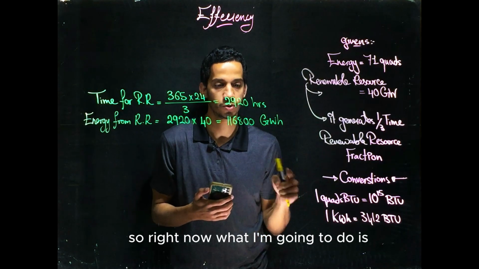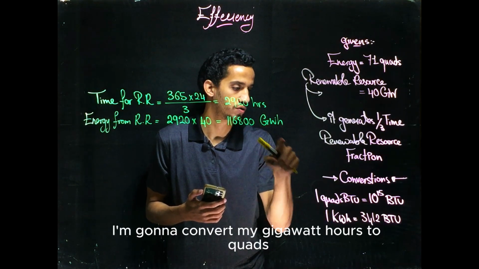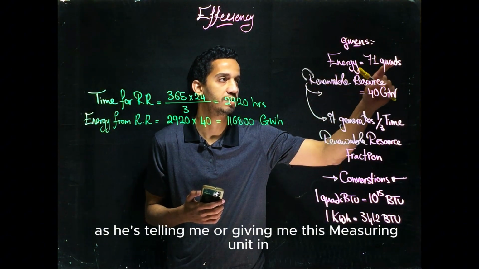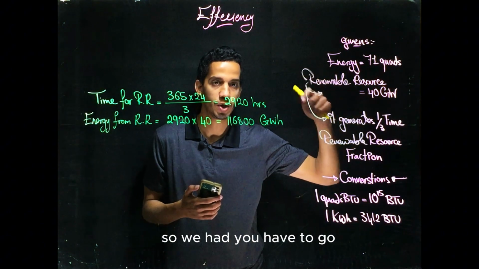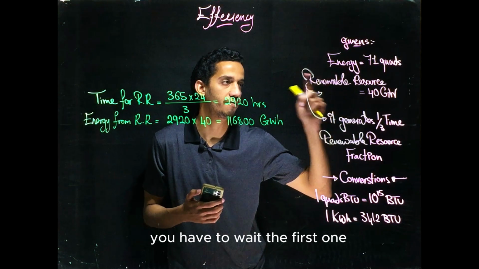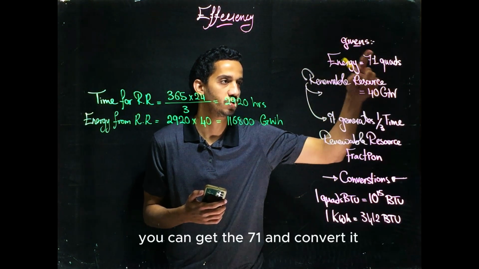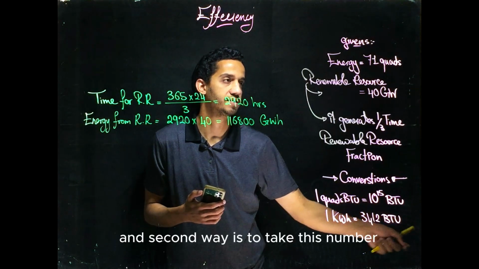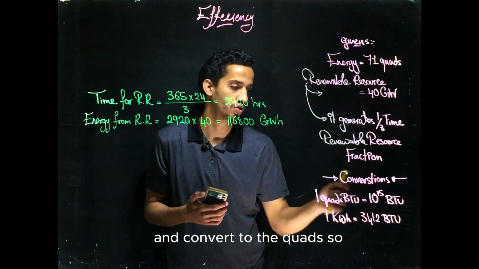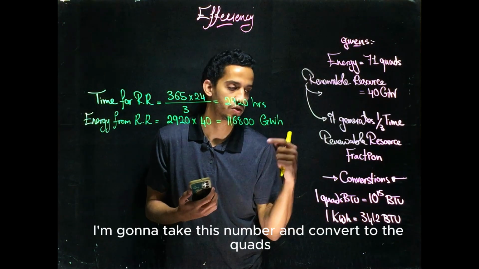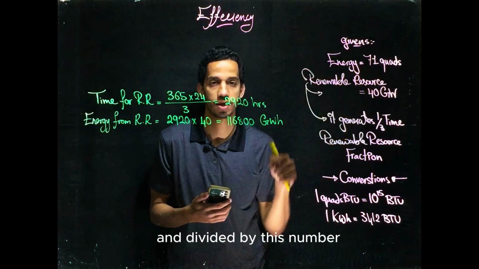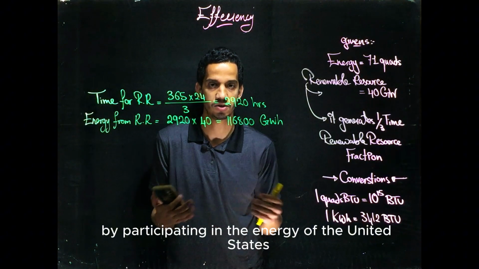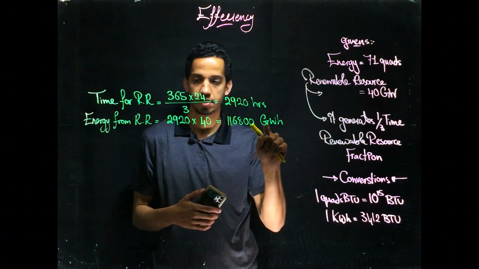So right now what I'm going to do is convert my gigawatt hours to quads, as he's giving me this measuring unit in quads. You have two ways. The first one, you can take this 71 and convert it to gigawatt hours. And the second way is to take this number and convert it to quads. So I'm going to take this number, convert it to quads and divide it by this number, so we're going to know the fraction of renewable energy participating in the energy of the United States.